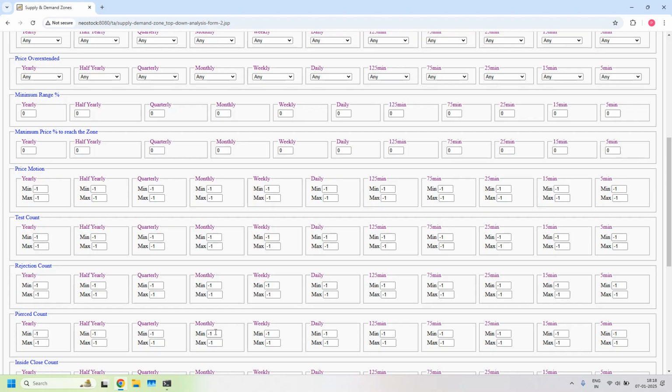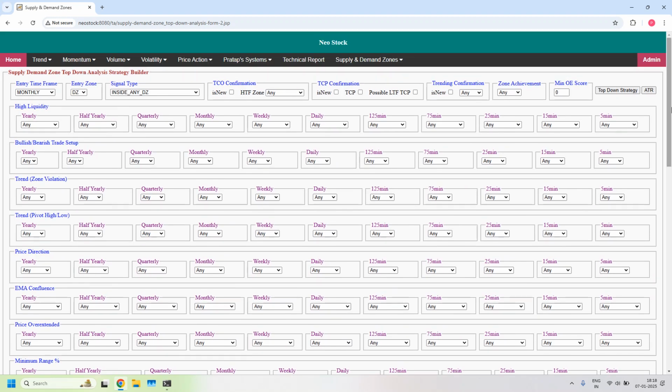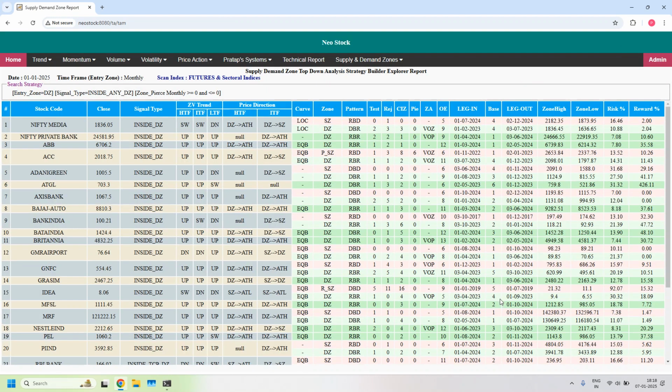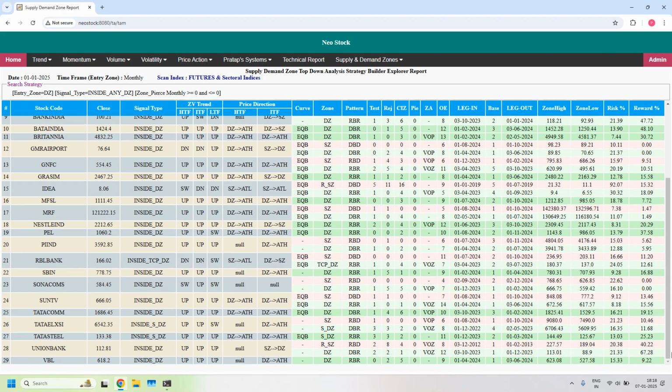So monthly time frame, minimum value 0, maximum value 0. Fresh zones we are looking for. We got a big list. First 20 stocks. Scrolling the list down. So total 29 stocks are filtered, where price closed inside the monthly demand zone.